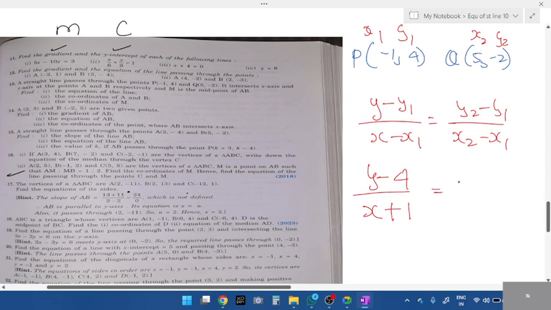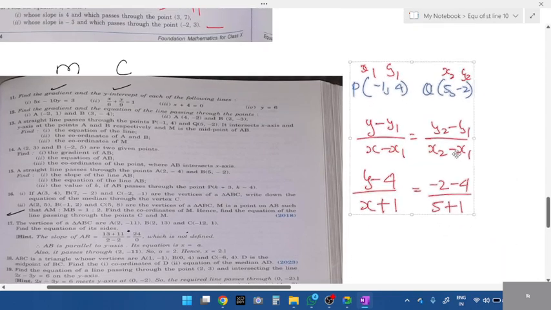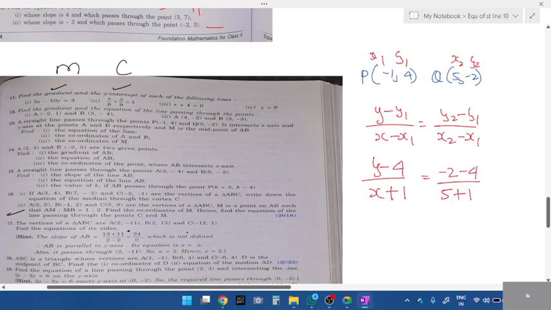Next, minus 2 is equals to, x2 is 5 plus 1. See, there are two different points. We are finding the equations today. What's the answer? y minus 4.